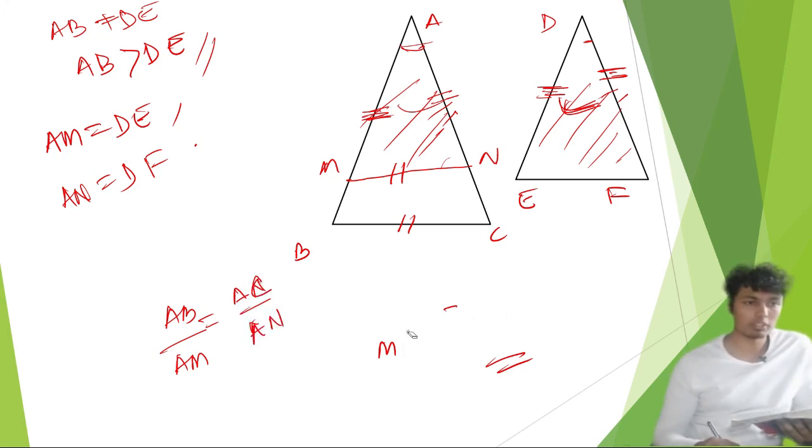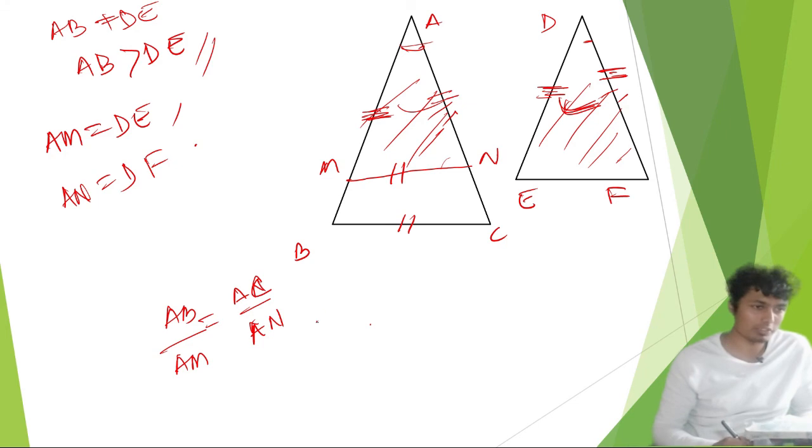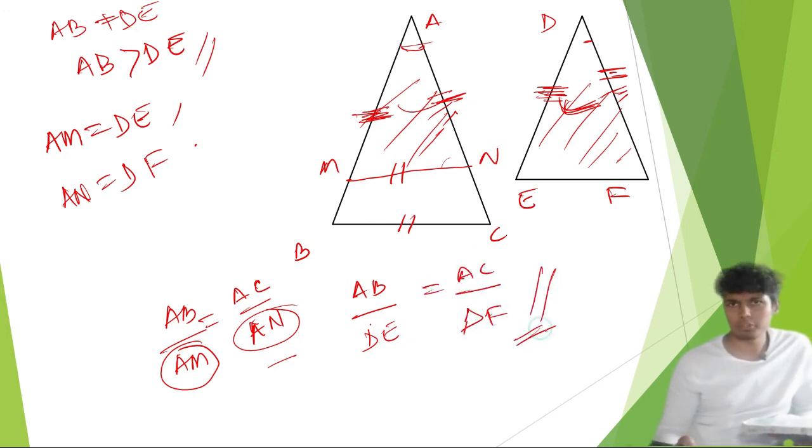I've shown you how to calculate this before, in the previous section of the previous question. Now if you look here very carefully, AM is equal to DE and AN is equal to DF. So you can write AB by DE instead of AM, and AC by DF instead of AN.